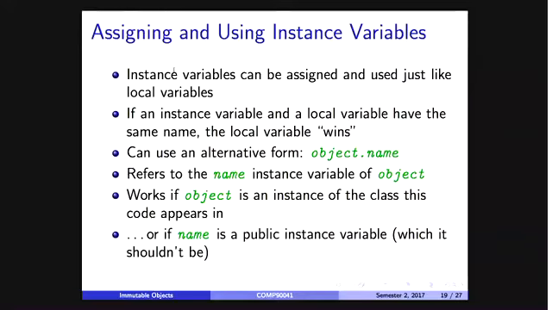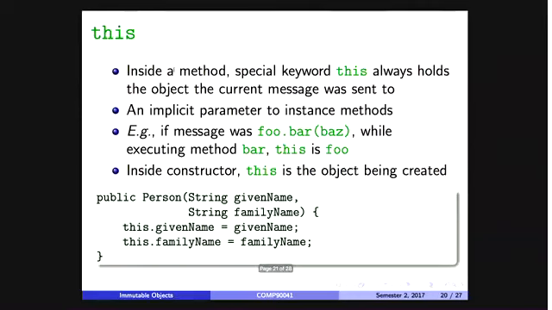So if we have an instance of a person, let's call it p, and we want to get at the person's givenName, inside the Person class, we can say p.givenName. That will work just fine. Outside of the Person class, it's private. We can't say p.givenName. But inside the class, we can do it.